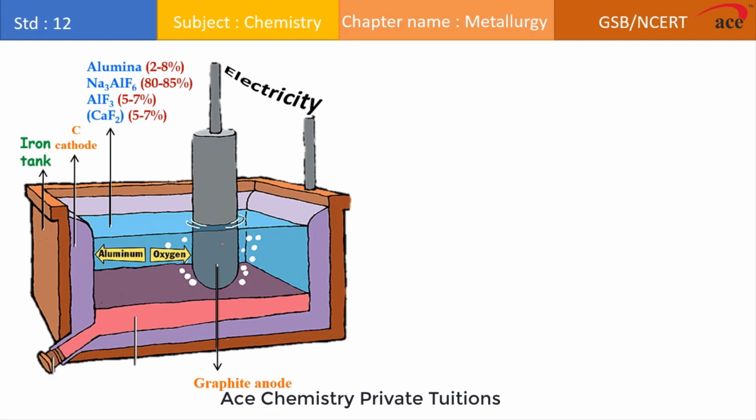If you see the reaction, the oxygen which is liberated at the anode, when it comes in contact with the surface of the anode, which is made up of carbon, at very high temperature immediately combines and forms carbon monoxide. This carbon monoxide again gets oxidized to give what? Carbon dioxide.